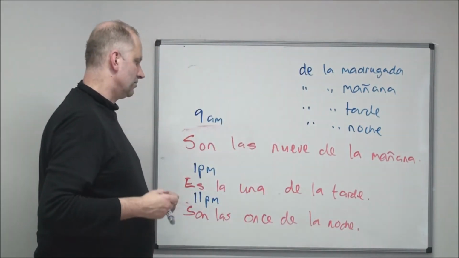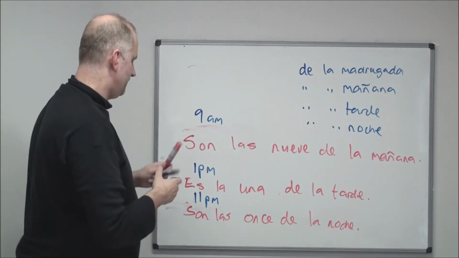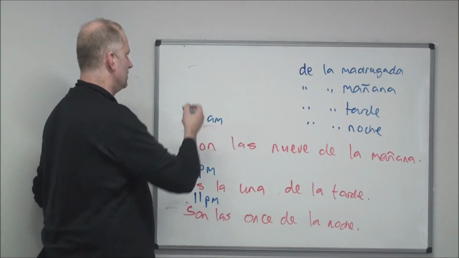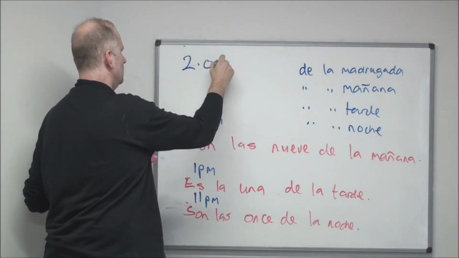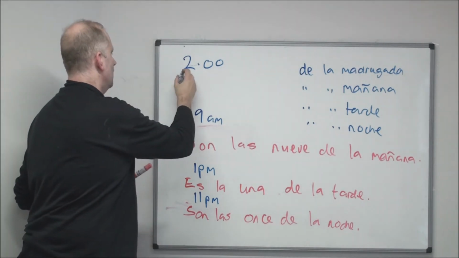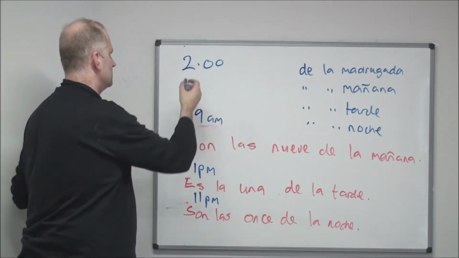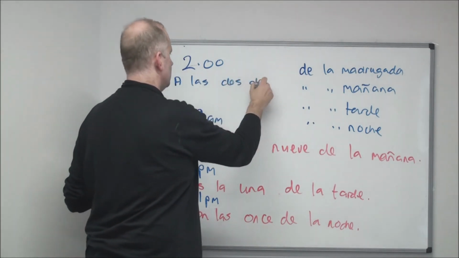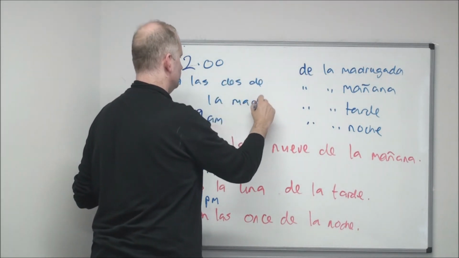Son las 11 de la noche. If somebody says, what time did you get in last night? This morning, you say 2 o'clock in the morning. You could say, I got in at 2 o'clock, so a las 2 de la madrugada.